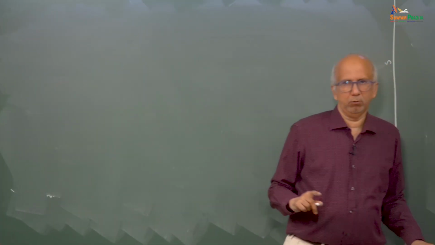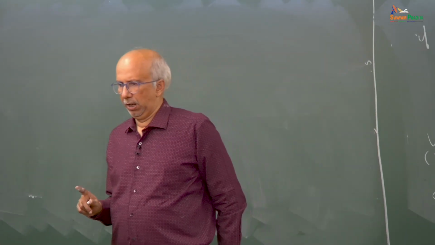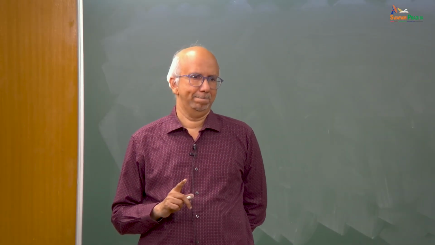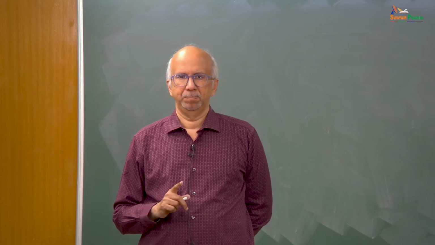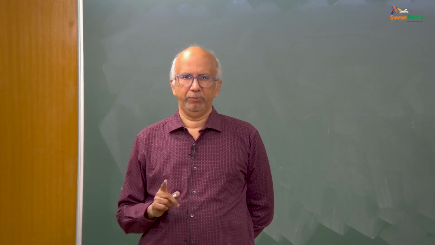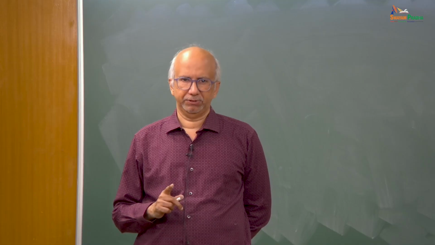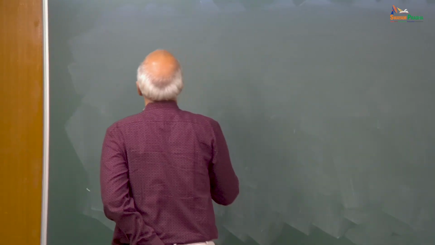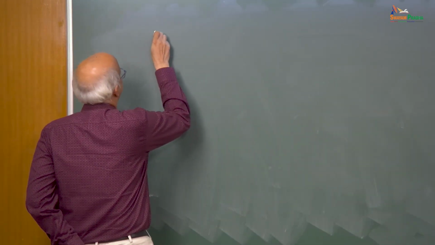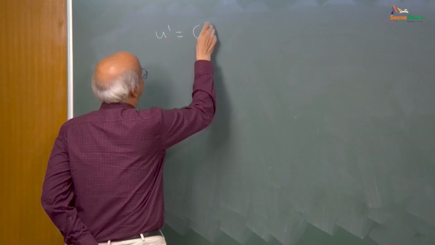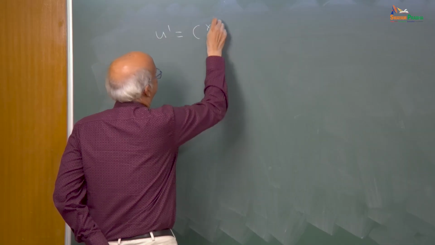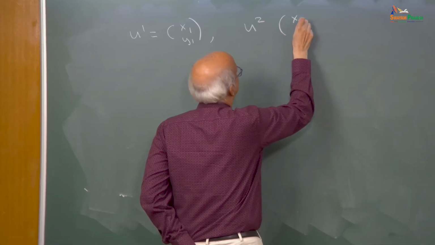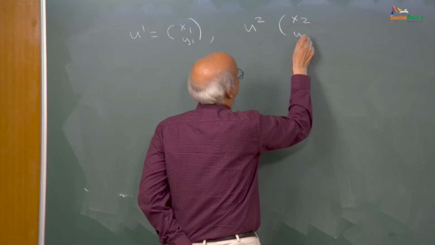So, I want to move on and talk in terms of certain quantities like distance, length and angle between vectors, again things which you are familiar with. So, if I have two vectors, consider U1 as one vector x1, y1, and U2 is another vector x2, y2.